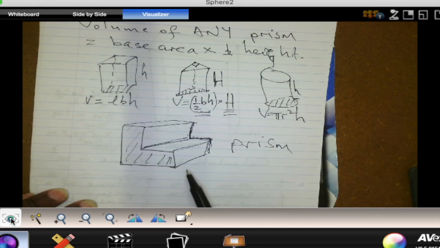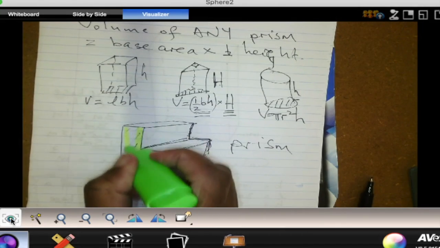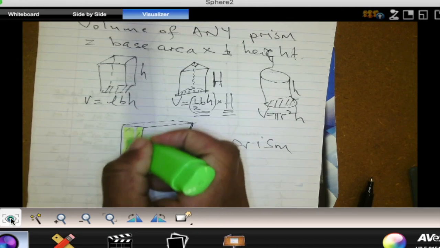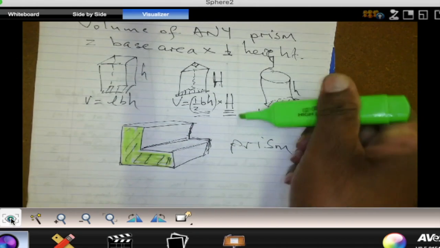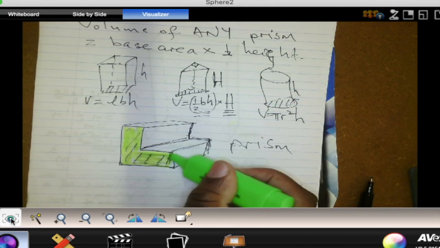So what is going to be our base here? The L shape is our base, right? So this L shape here is the base. You need to imagine that this L shape can even be seen that side, right? Okay, so this is the base.